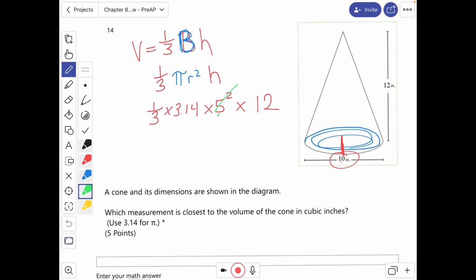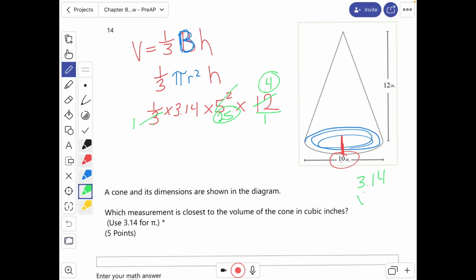Well, 5 squared is 25. And if we're treating this like a fraction, 1/3 will cancel with 12. 3 divides by 3 once, and 12 divided by 3 makes 4. So then I'm going to multiply 25 times 4, that's 100.